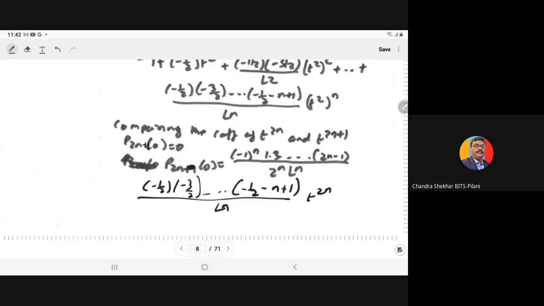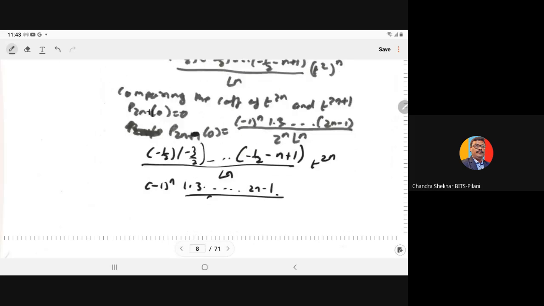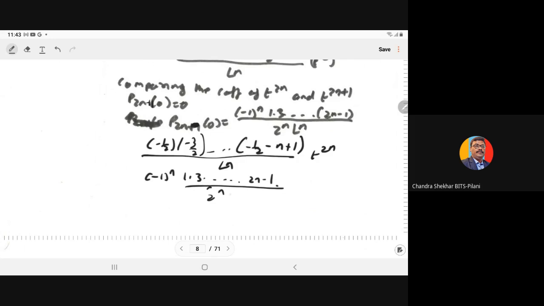So coefficient is this. So in this case we have the minus 1 to power n, 1 into 3 into dash dash dash, right? Here we have the factorial, minus half plus 1, so it is 2n minus 1 upon 2 into 2 into 2, so 2 to power n and factorial n.